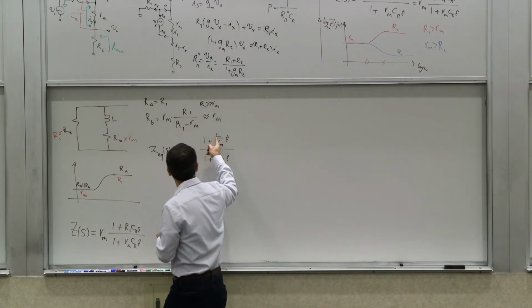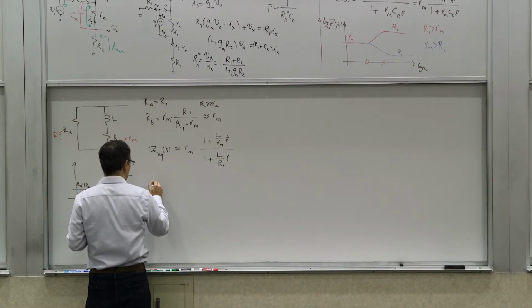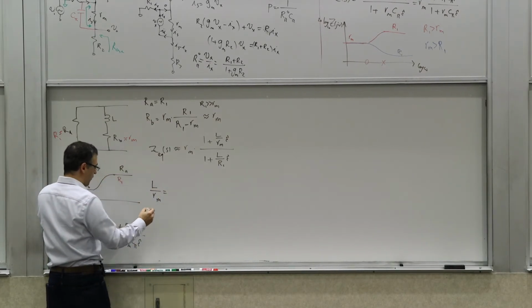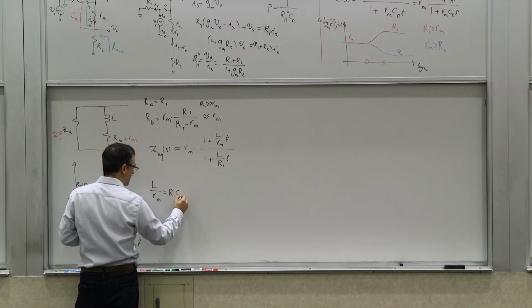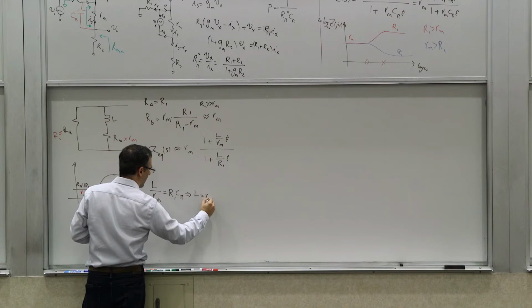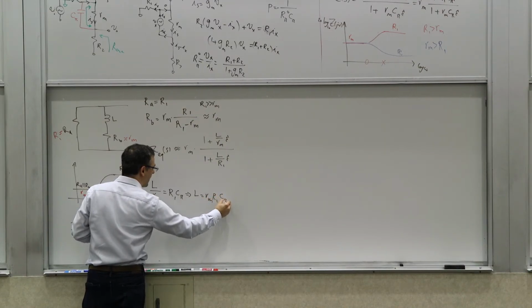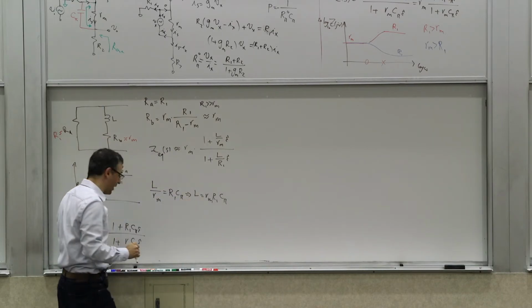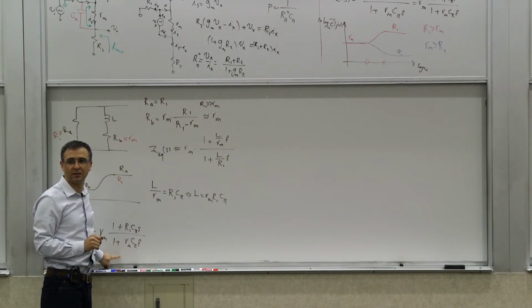Yeah, let's solve this. Let's solve the numerator. If you solve for the numerator, it says basically L over Rm has to be R1 C pi. Therefore, L equals Rm R1 C pi. Now if I plug this into here, what do I get? I get Rm C pi, which is this one. So it satisfies both the numerator and denominator.